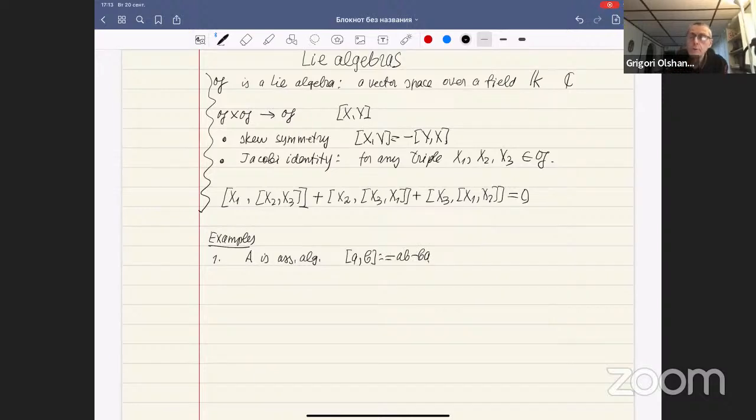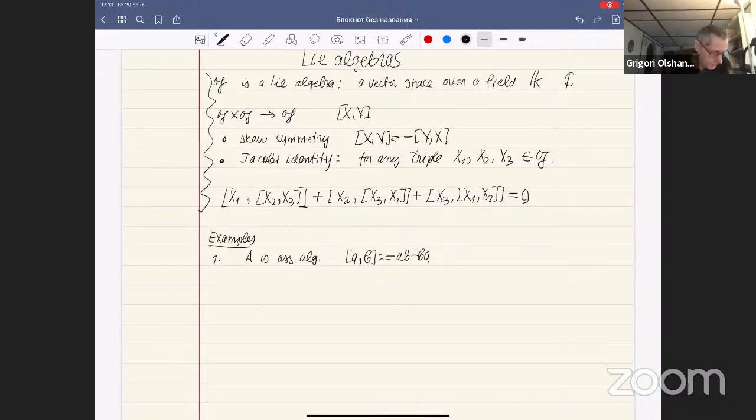Then this operation turns our associative algebra into a Lie algebra. This is the Lie structure of an associative algebra. So the axioms are verified directly. The first axiom, skew symmetry, is obvious. And for the Jacobi identity, a little calculation shows that it is satisfied.